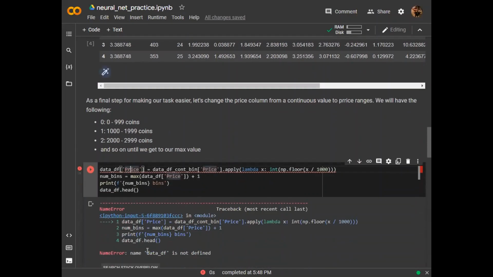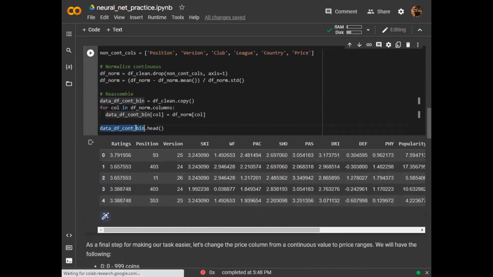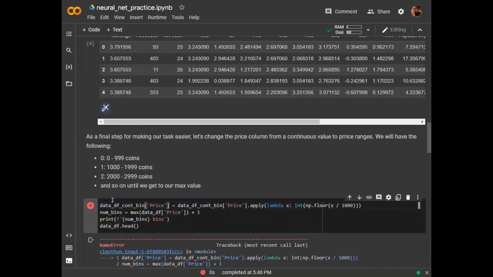Richard is correct. Basically, what the name error is saying is that it doesn't know what data df is, because if you look up here, our final data set that we ended with is called data df const bin. So this is the name that we should have been using the whole time. The reason is that I made a mistake and forgot to set data here, so don't do that.